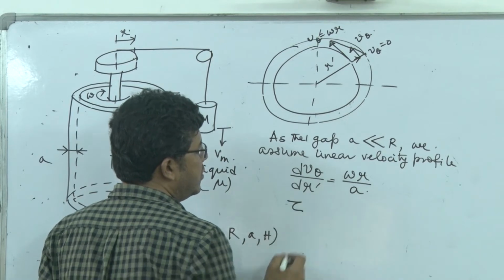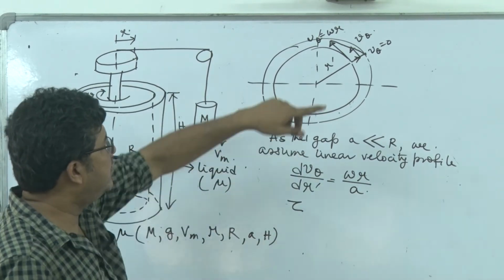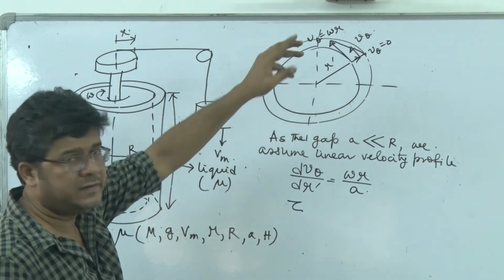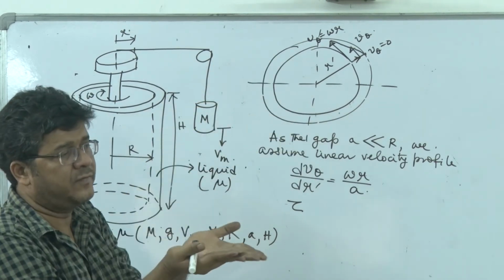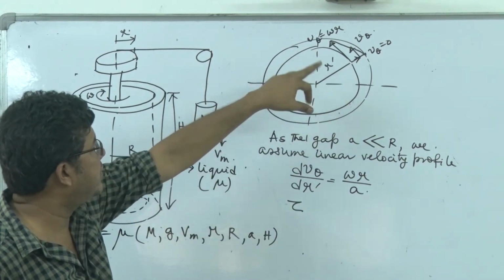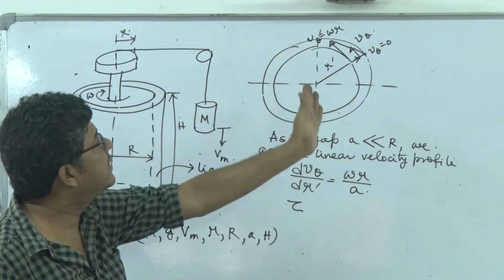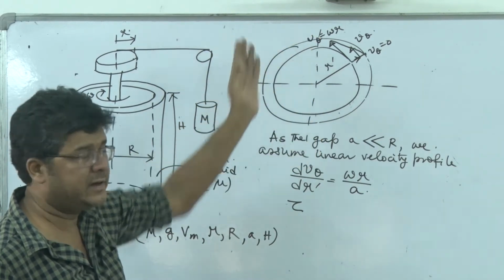So tau here: the shear stress is acting on a fluid surface which is just like a cylinder concentric to these two cylinders. So the direction of area is r, direction of force will be tangential, that is theta.